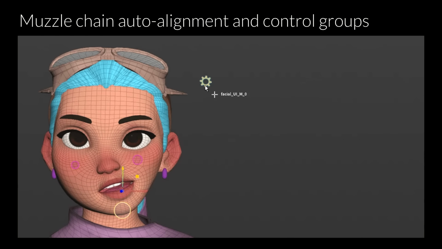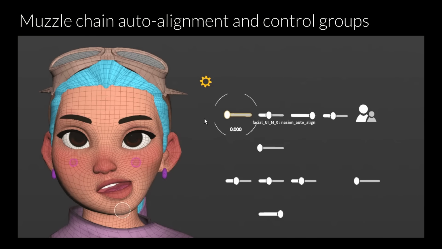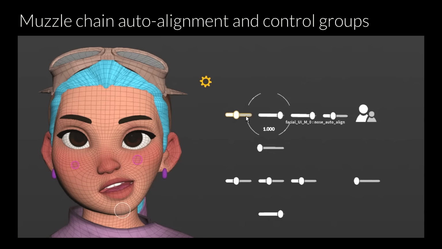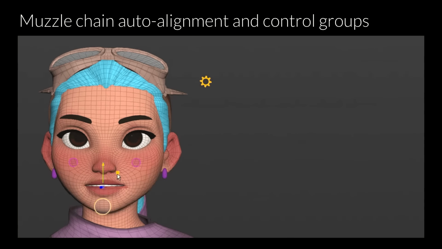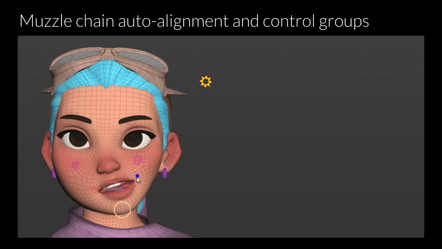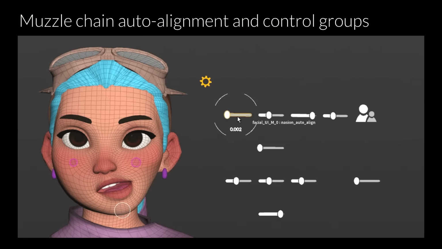So the selector switch allows you to specify what object, what joint the upper teeth are going to follow. And same for the cheekbone, I can select what part of the nose or to what amount they're going to follow the nose.